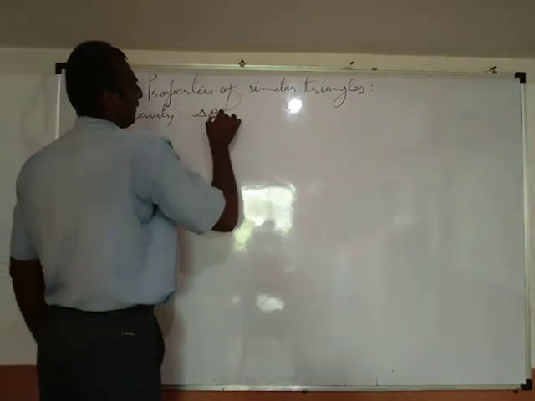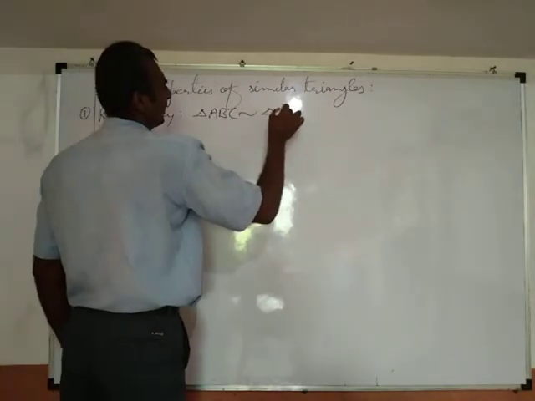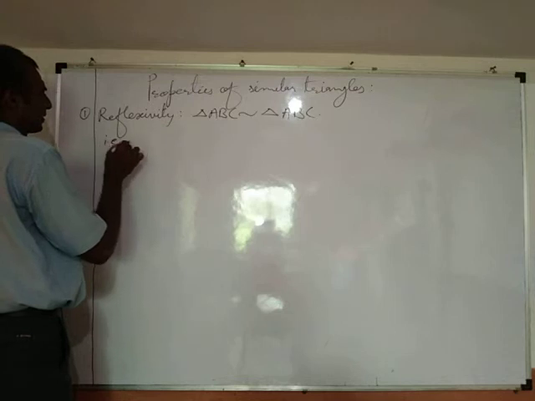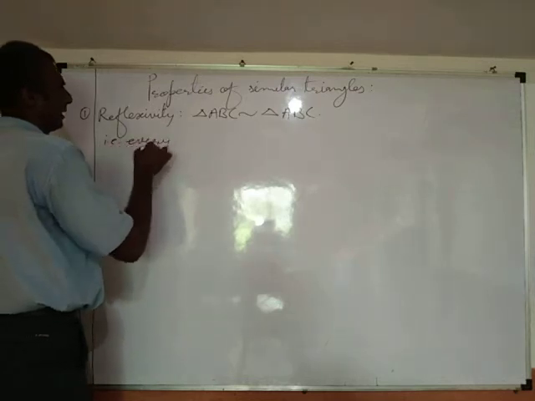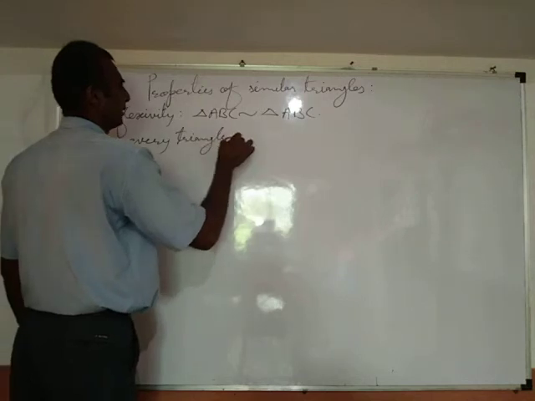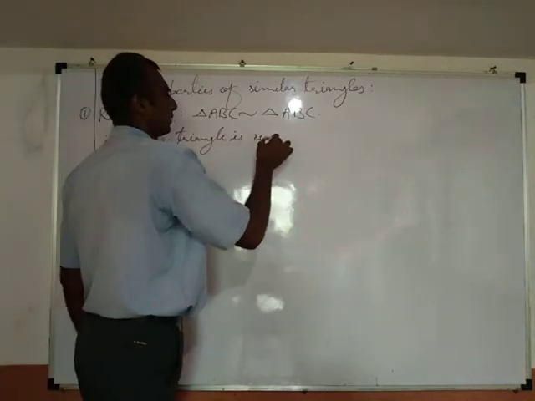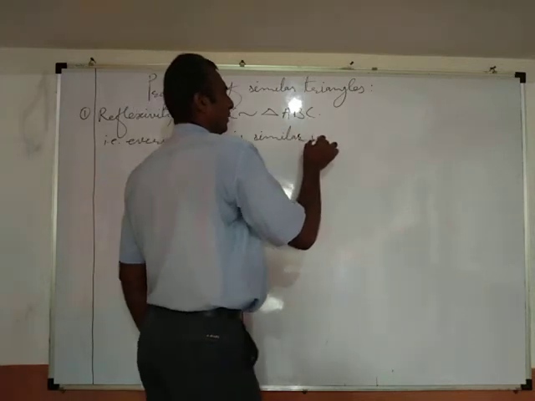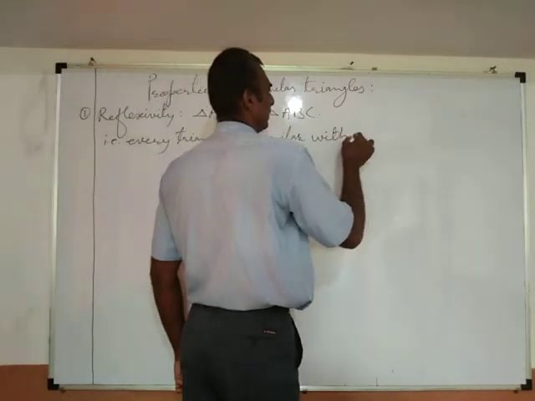Triangle ABC is similar with triangle ABC. That is, every triangle is similar with itself.